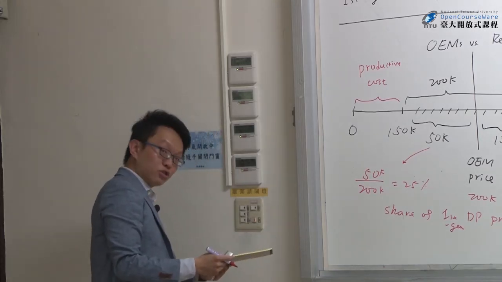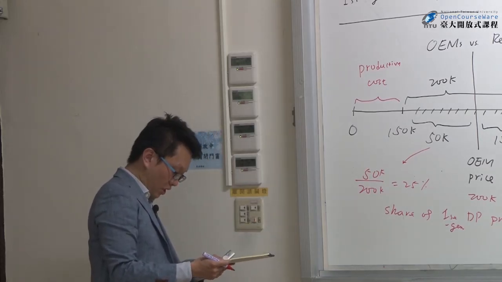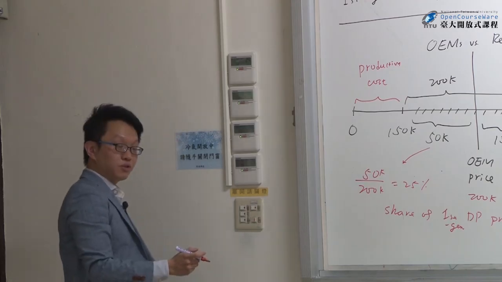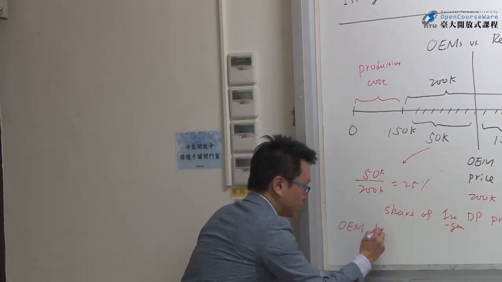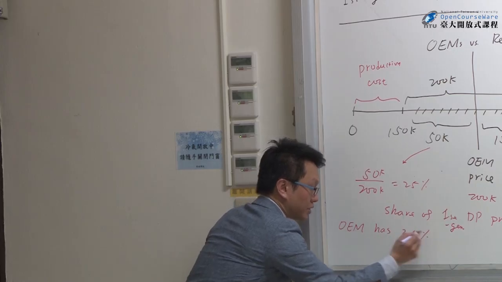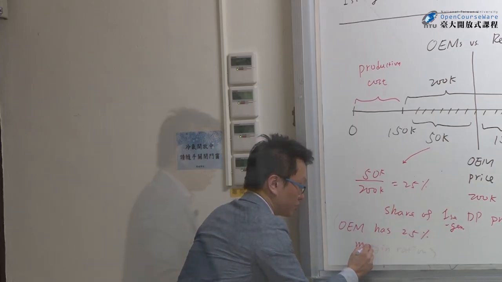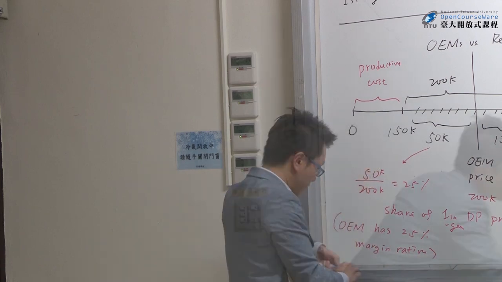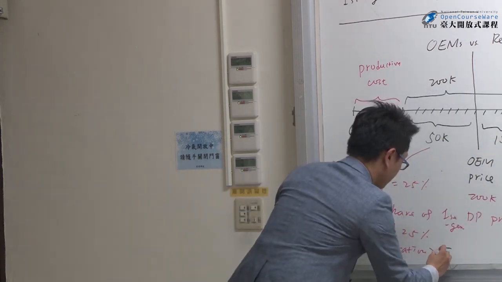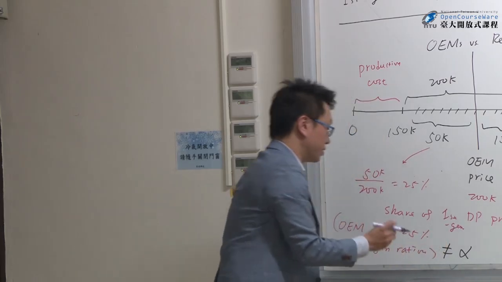And usually in strategy and the business model class, how do we explain this 25%? We will say OEM has 25% margin ratio. And of course, this is different from alpha. This is not alpha.